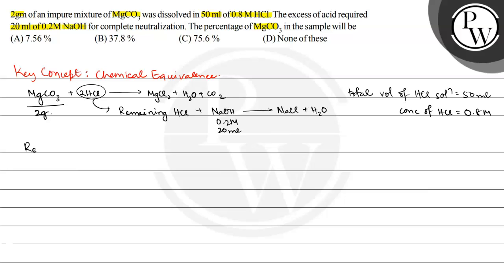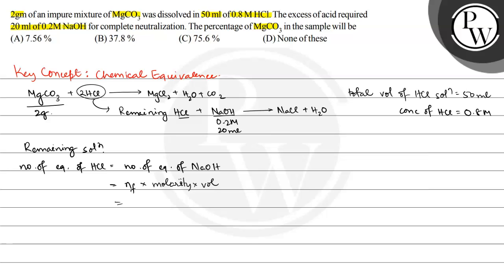So in the remaining solution, the HCl is reacting with NaOH. So the number of equivalents of HCl is equal to the number of equivalents of NaOH, alright. Number of equivalents of NaOH is equal to n factor of NaOH multiplied by number of moles, and here molarity and volume are given. So instead of number of moles we can put molarity multiplied by volume.